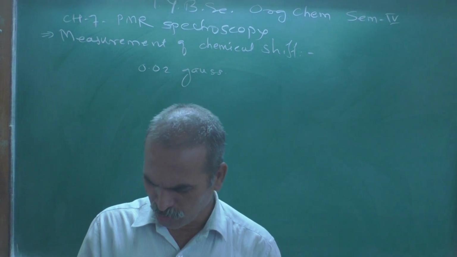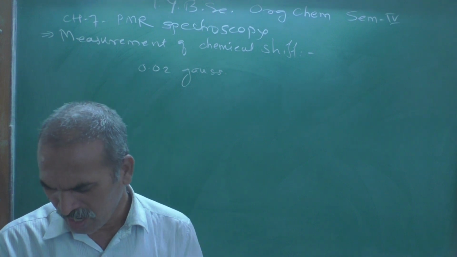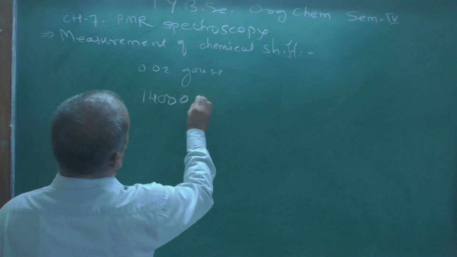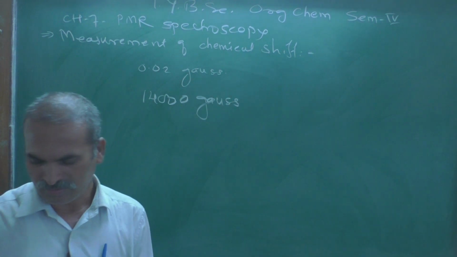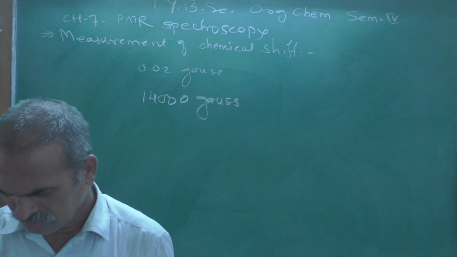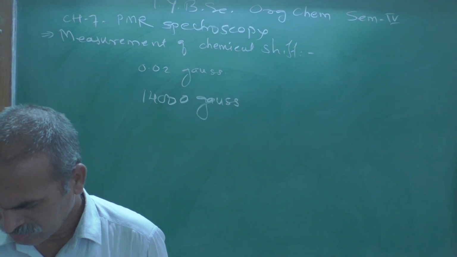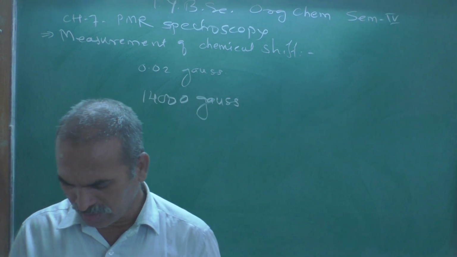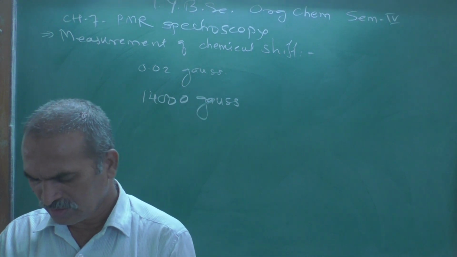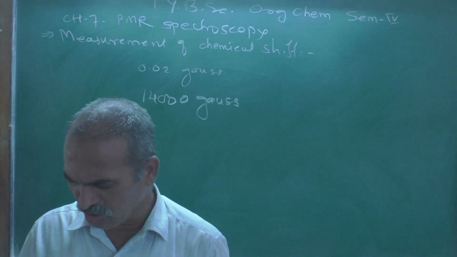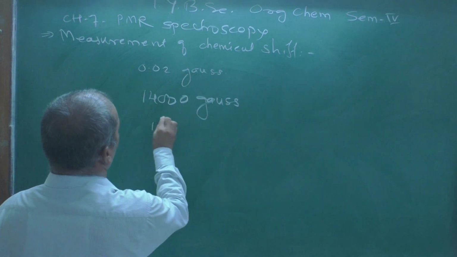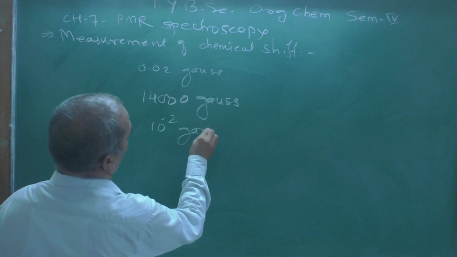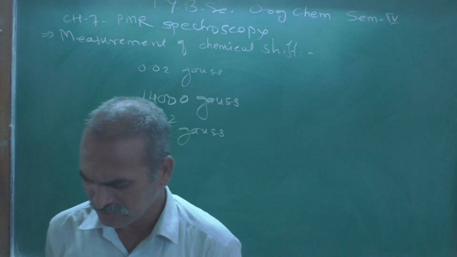Since the instrument is producing a field as high as 40,000 Gauss, it is very difficult to measure accurately changes in magnetic field of the order of 10 raised to minus 2 Gauss.